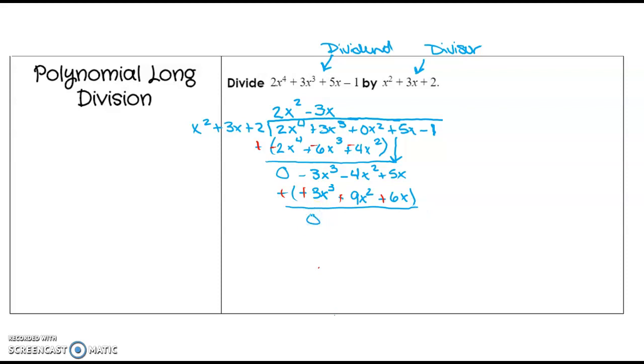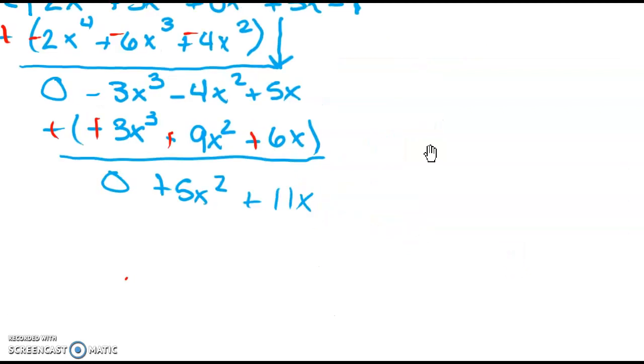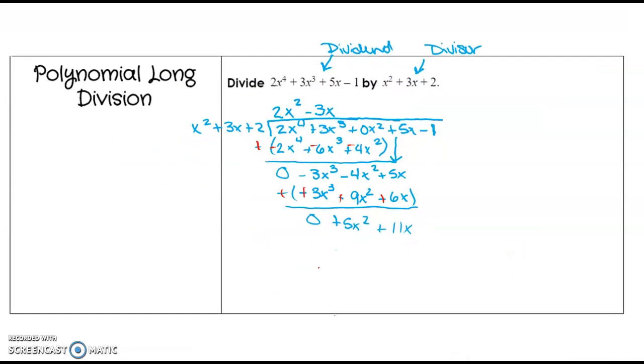And then negative 4x squared plus 9x squared is going to give me plus 5x squared. And then 5x plus 6x is going to give me positive 11x. Now, I just want to bring down this last term, which is a minus 1.